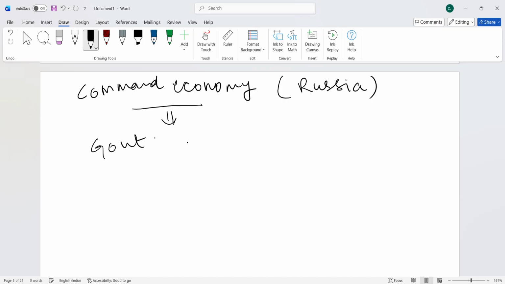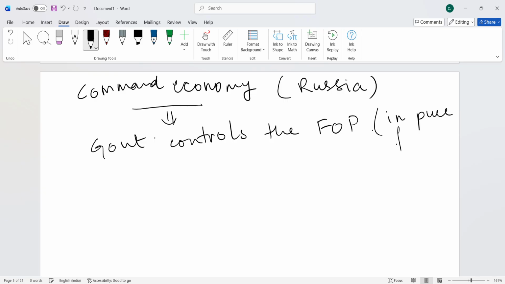The government controls the factors of production, FOP, that's what I'll write for factors of production. That's the purest form of a command economy. I'm talking about the pure form. So it's the government that has all the property rights.